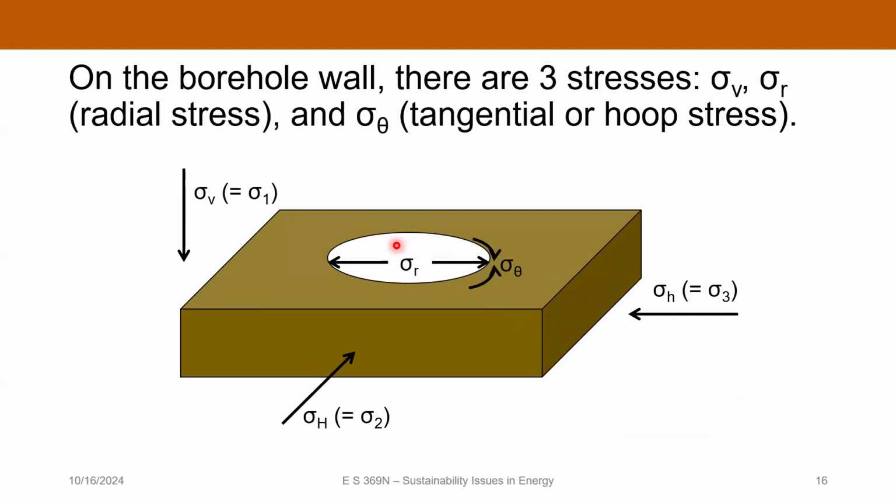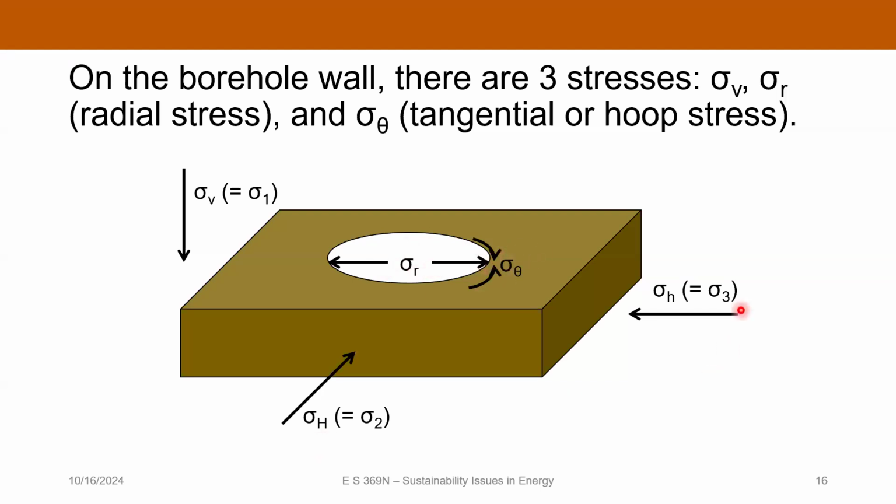Because we have a discontinuity in the material properties here, specifically where the drilling fluid cannot sustain a shear stress, there's going to be a change in stress regime right at the borehole wall. And so there are the horizontal stresses at the borehole wall.